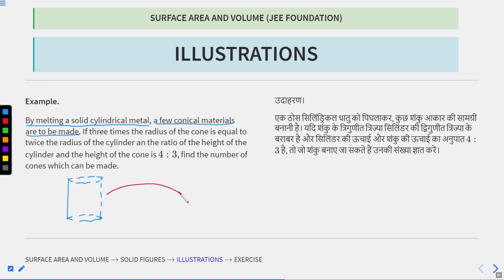That means this is transformed into cones, something like this. I hope this is clear.